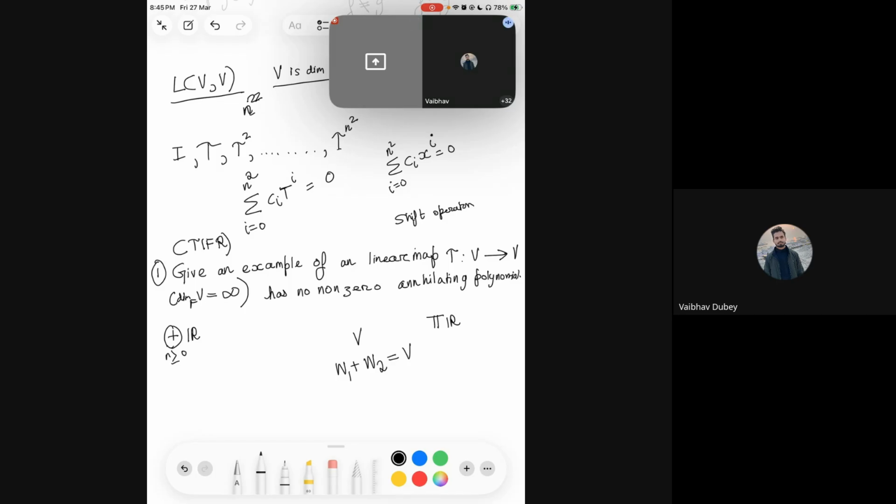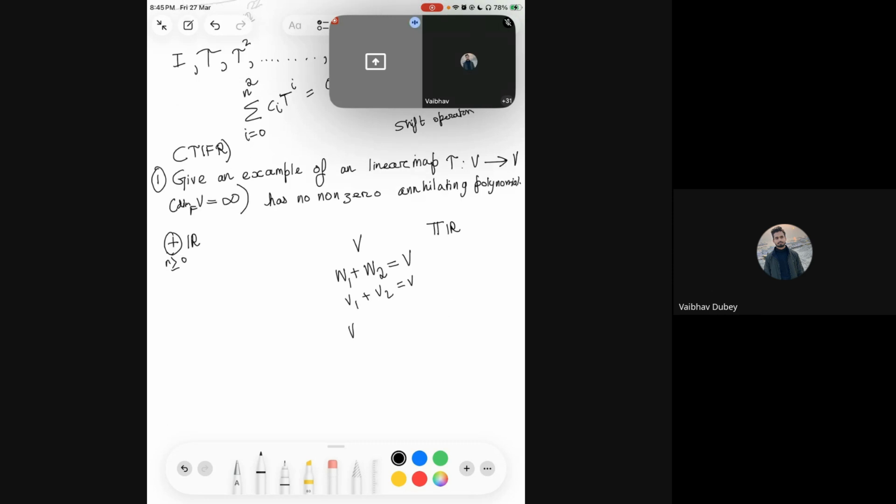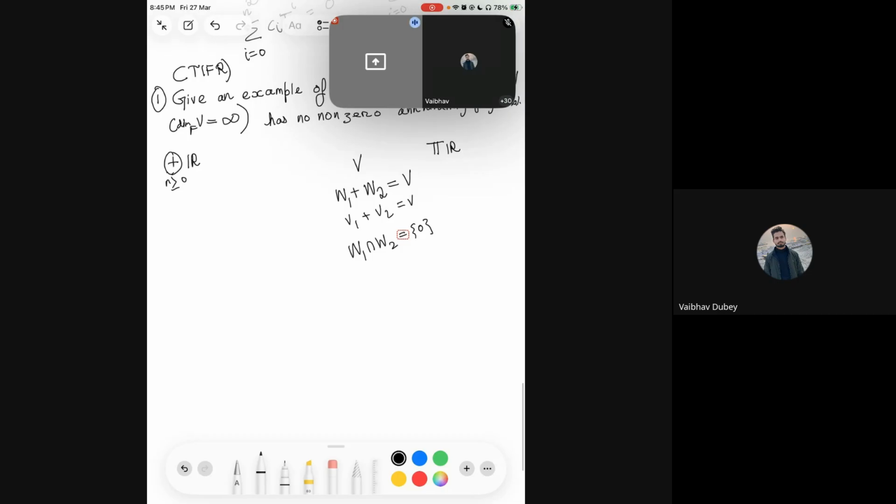No, that is not true actually. Any element can be written as a sum, but this expression won't be unique. Another condition is that W1 intersection W2 must be zero. Not disjoint, but trivial intersection.